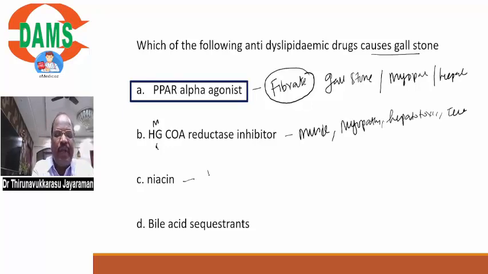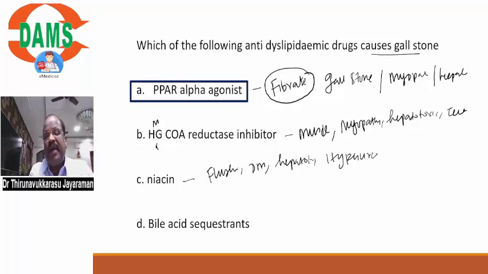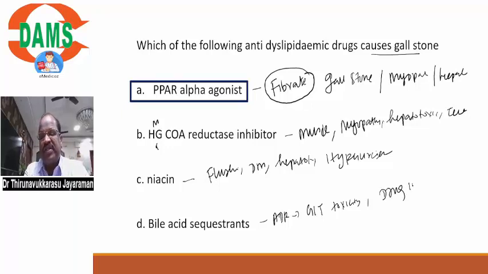Niacin causes mainly cutaneous flushing, diabetes problem, hepatotoxicity and hyperuricemia. Bile acid sequestrants mainly cause GI toxicity like nausea, indigestion, diarrhea, and inhibit absorption of many drugs, vitamin K, warfarin. A lot of drug interactions are there with bile acid sequestrants.